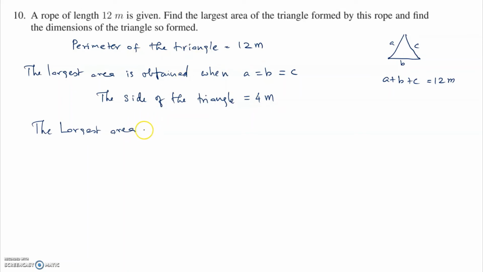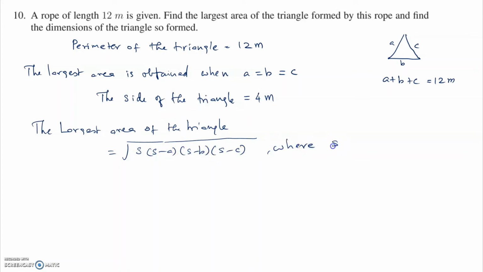So the largest area of the triangle, let's use Heron's formula, and so that's equal to root of S into S minus A, S minus B into S minus C, where S is the semi-perimeter, which is A plus B plus C divided by 2, which is equal to 12 by 2, which is 6.